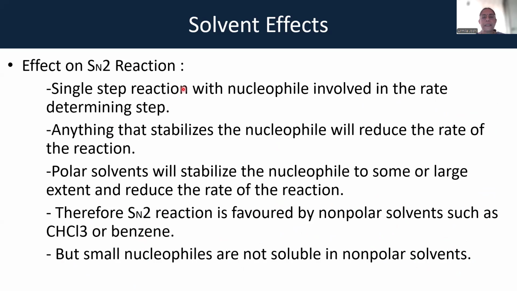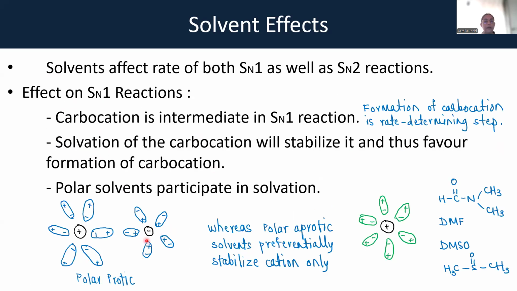SN2 reaction is a single step reaction where the nucleophile is involved in the rate determining step. This we have seen in the previous lecture. Anything that stabilizes the nucleophile will reduce the rate of the reaction because nucleophile is not the product, it is the starting material. Okay. Now see here, polar protic solvent can stabilize the nucleophile in a reverse way.